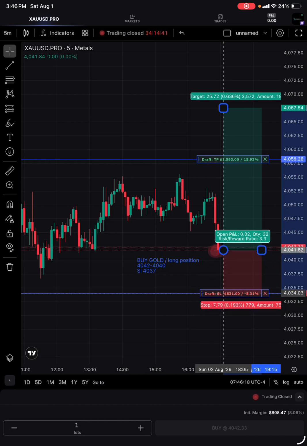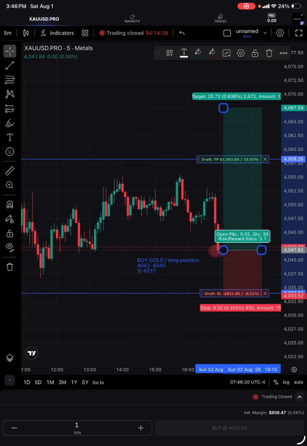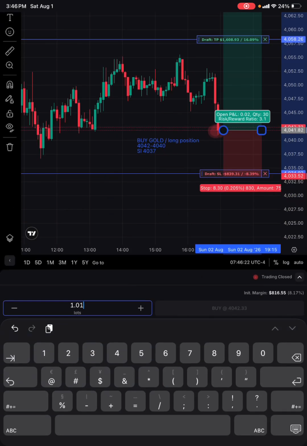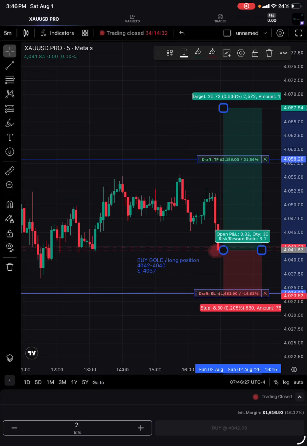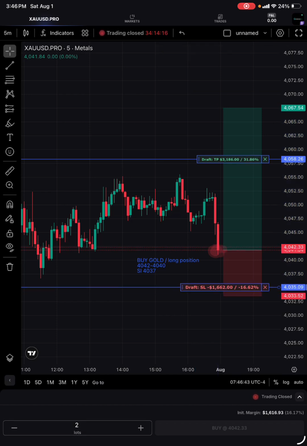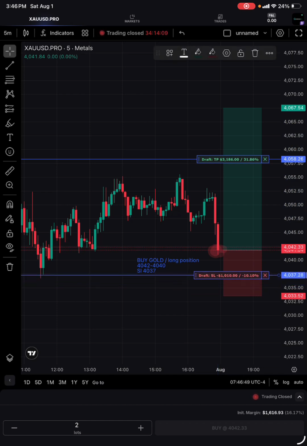Let's say, for example, I'm here. Normally, I'll risk a standard, but let's say I want to go a quick 2 lot because, hey, I like what I see. This is 1600 at risk to make 3200. Now, the moment this trade is maybe 20 pips in profit, which would be about 200 or whatever the conversion is, I'm slowly starting to bring my stop loss up.